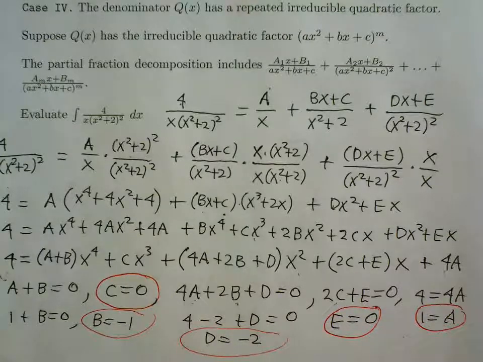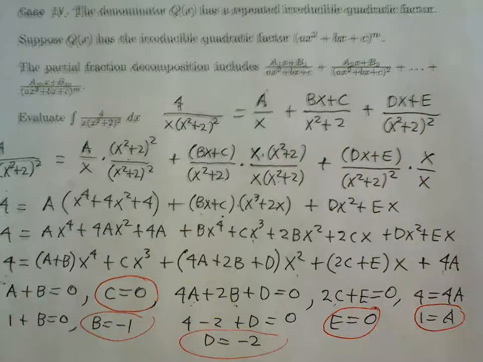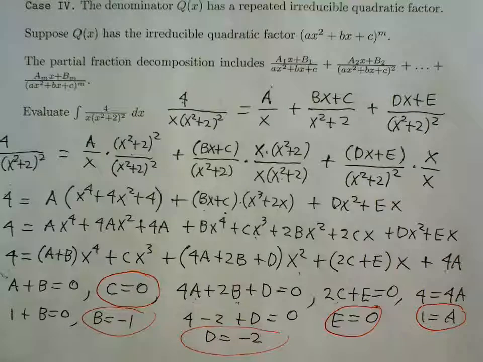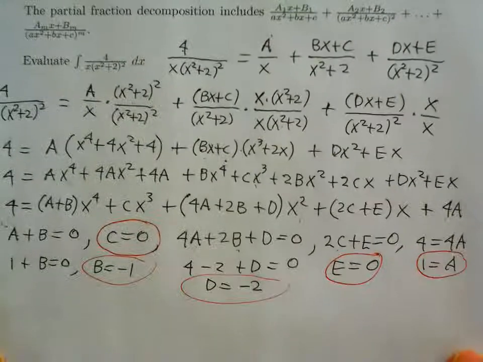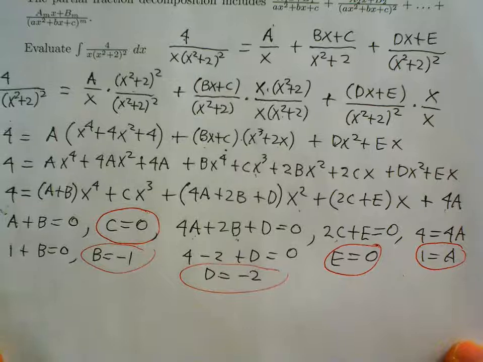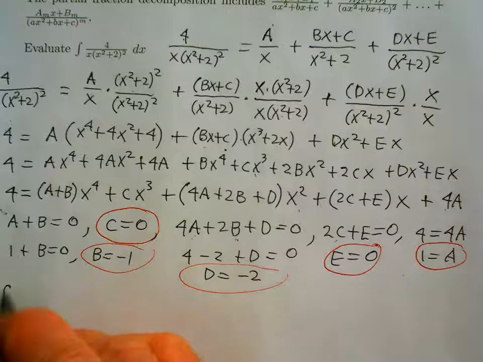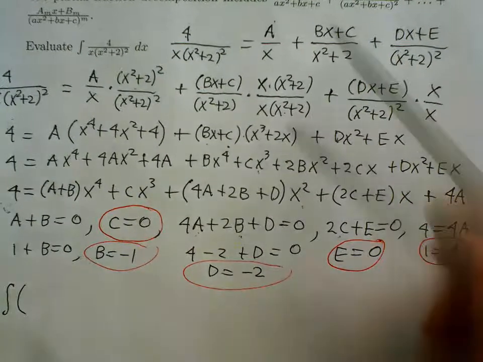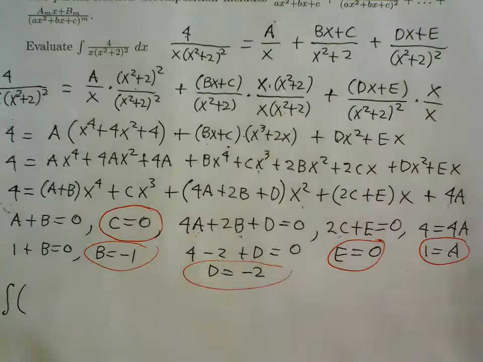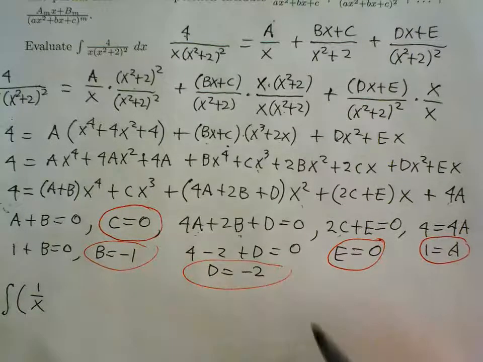Okay, we have everything we need to know to proceed. So we can write down the integral. So we'll compute the indefinite integral of a over x, but a is 1, so that's 1 over x. The value of b is negative 1, and the value of c is 0.